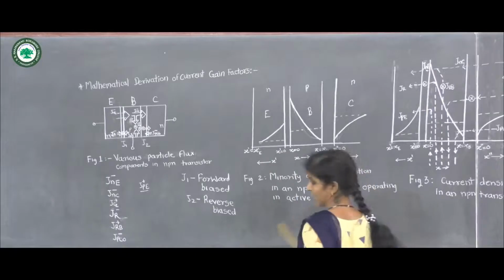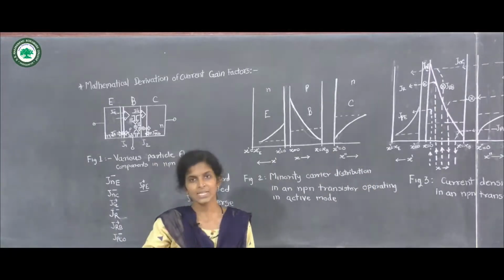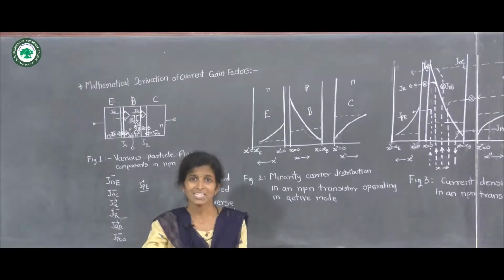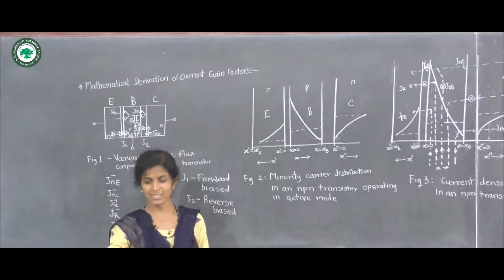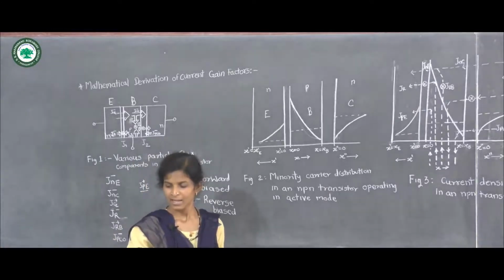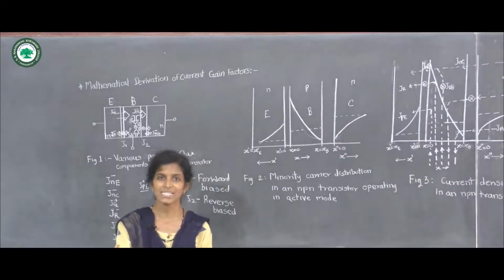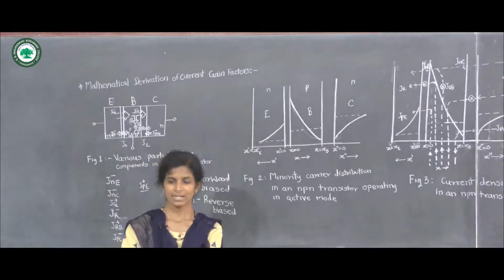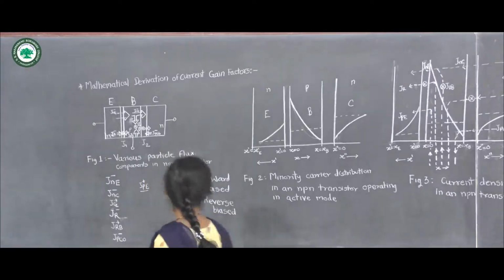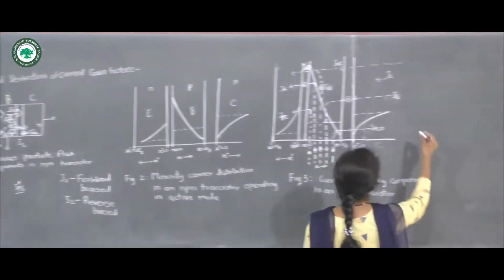So in this figure we find the curves are the same as in figure number 2, and as in the PN junction, the currents in the bipolar transistor are defined in terms of minority carrier diffusion currents.